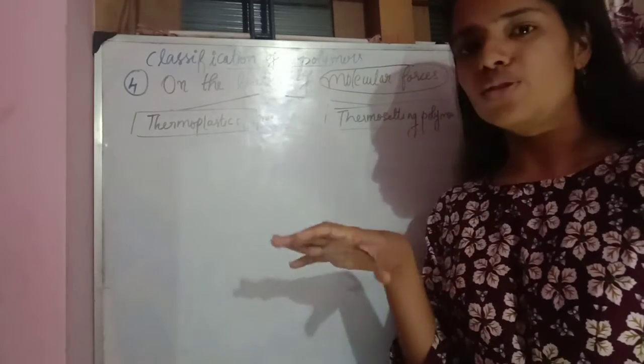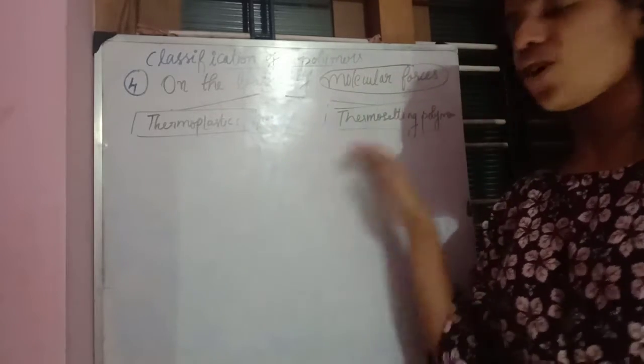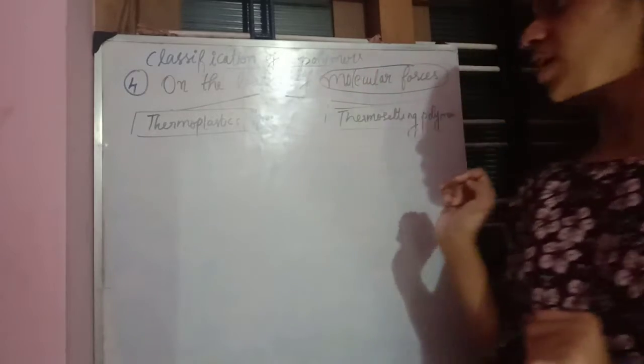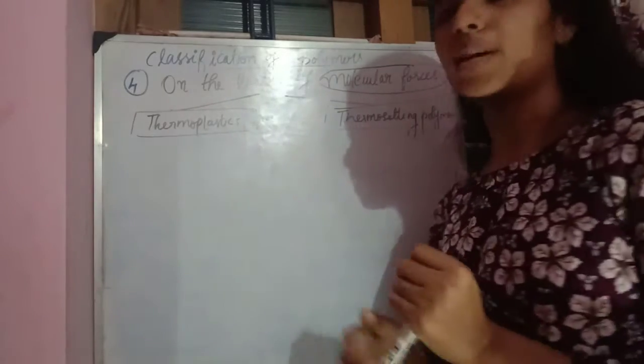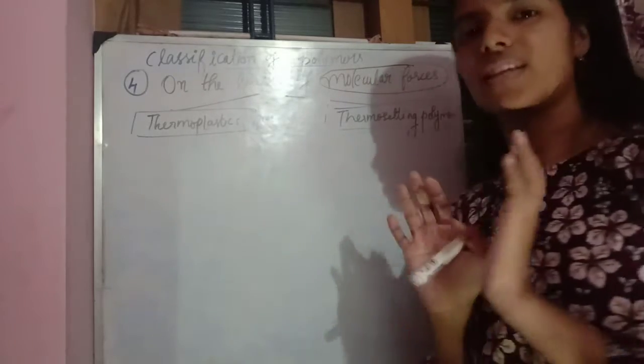So you have to remember every point related to each of these categories, and examples are also very important. Now let us look into the thermoplastic polymers. Listen properly and study this classification thoroughly.